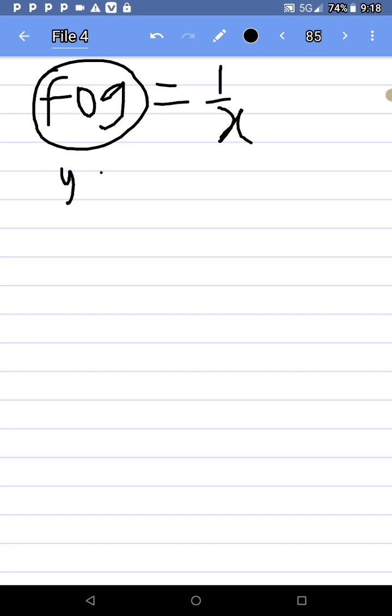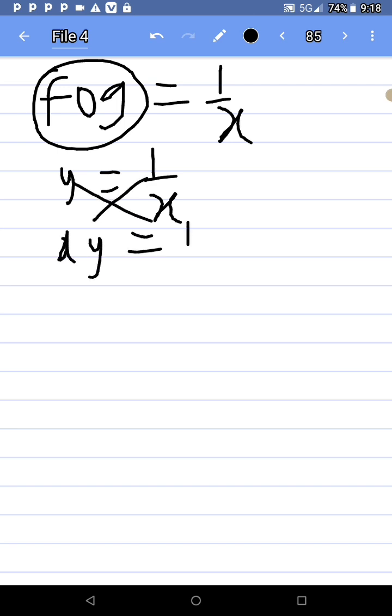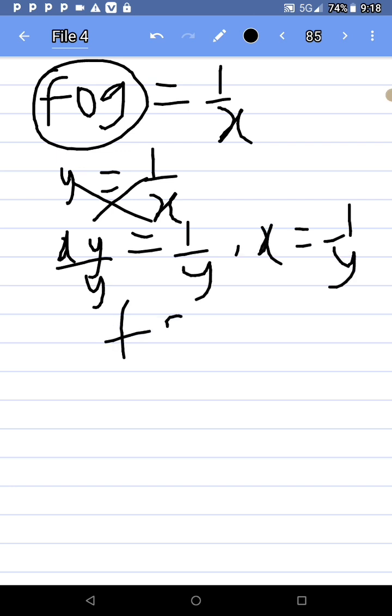So y equals 1 over x. Then make x subject of formula. For you to get x subject of formula, cross multiply: xy equals 1. Now to make x the variable, divide by y, then our x equals 1 over y. So that is the inverse of the composition.